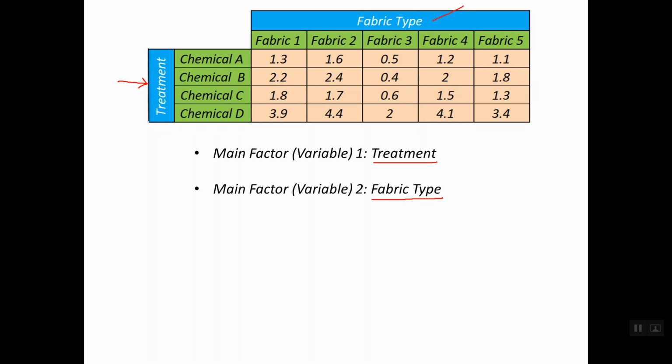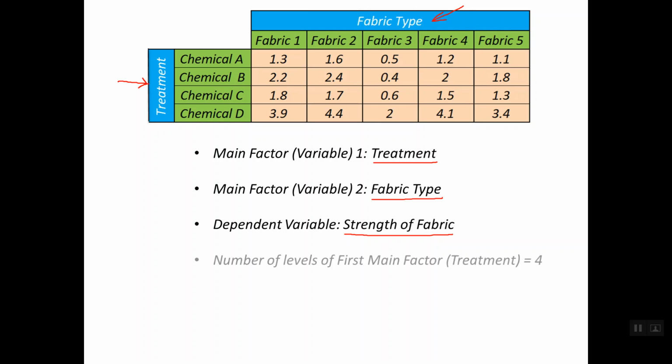So this is the second main factor. Regarding the dependent variable, it is simply the strength of the fabric. So we need to test the effect of 4 chemicals and 5 fabrics on the strength of the fabric.